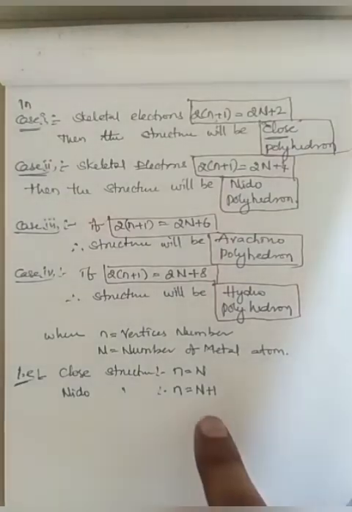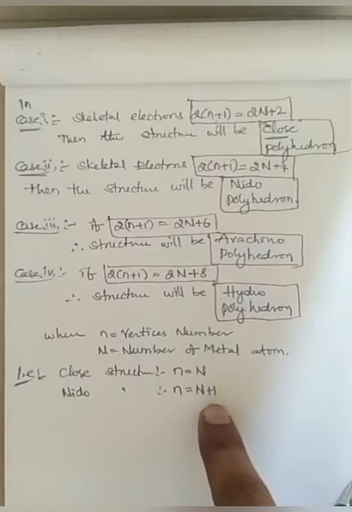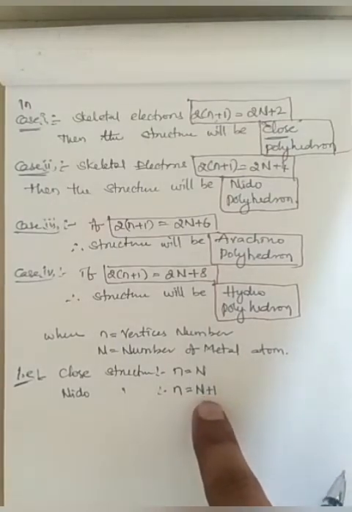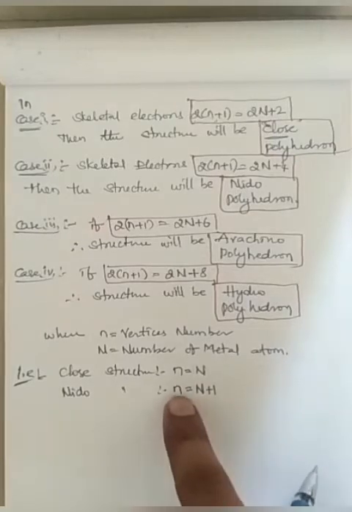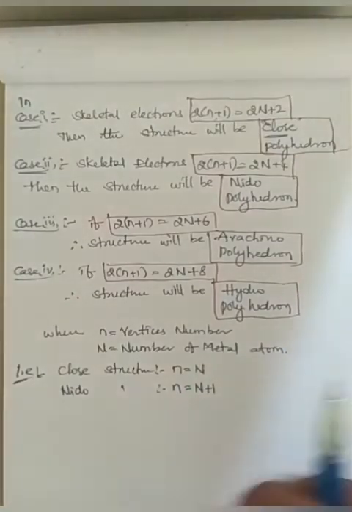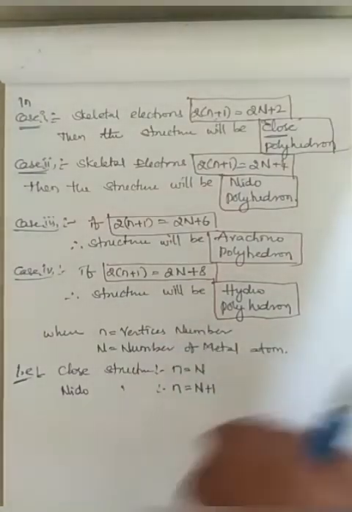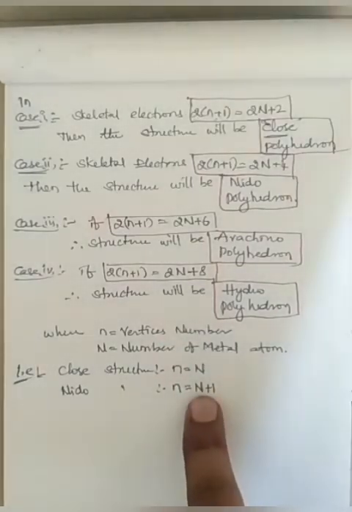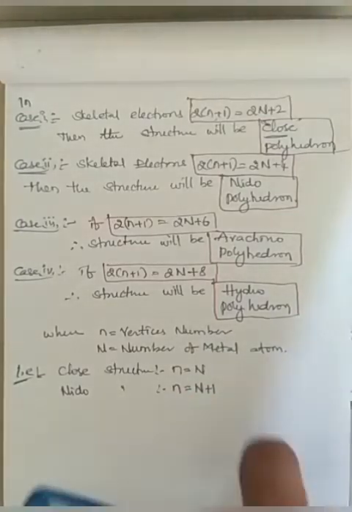So it is saying that the vertices number will be one more than the metal number, which means the polyhedron structure will miss one of the metal ions; one of the metals will be missing from the polyhedron, right?